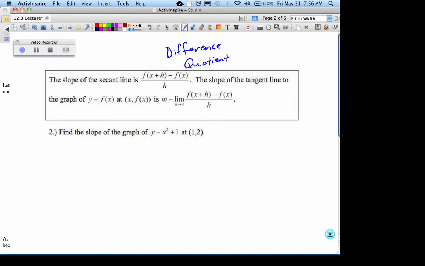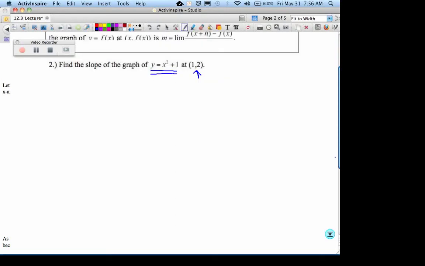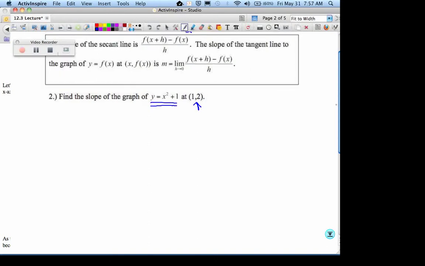So find the slope of the graph of this function, and then we're talking about finding it at that point. We're going to follow the difference quotient. In this case, if they're finding slope, we can just say the slope will be given by the limit as h goes to 0.